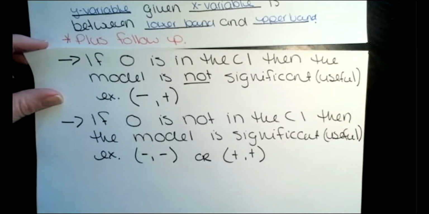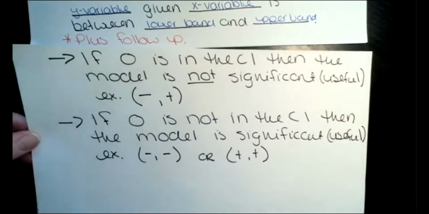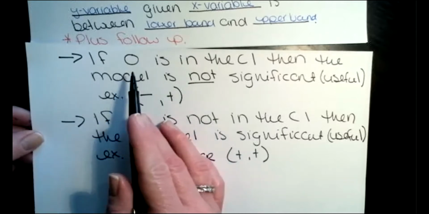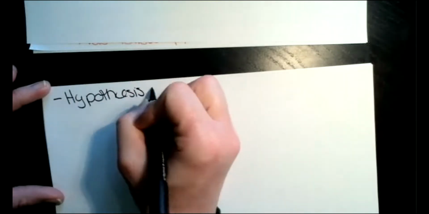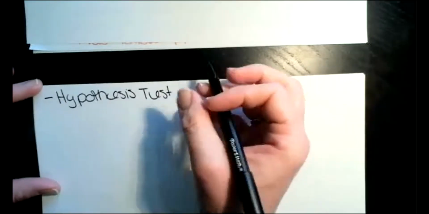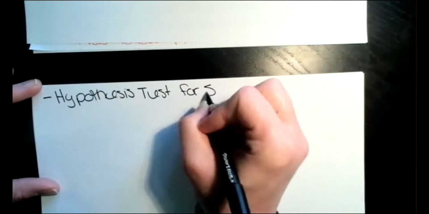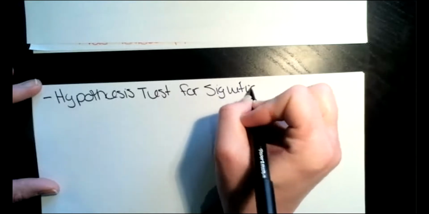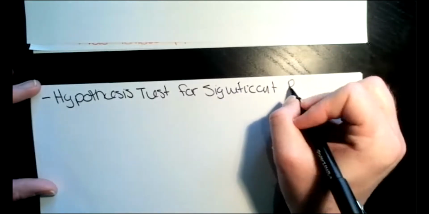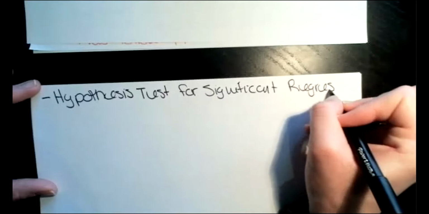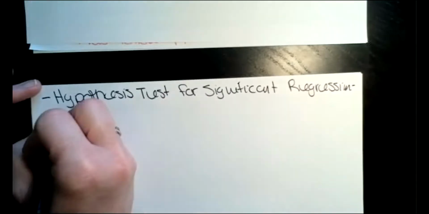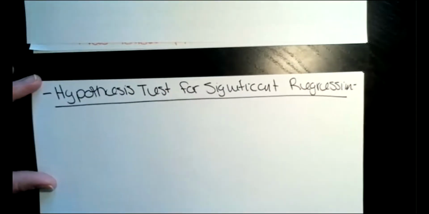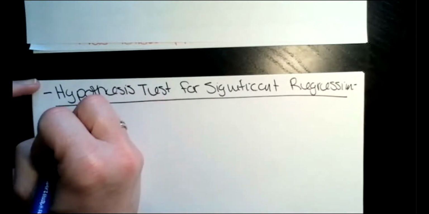Now let's take a look at the hypothesis test. I think this will fall into place knowing that we're talking about 0, right? So our hypothesis test for significant regression, again, I'm just going to write what we're doing.